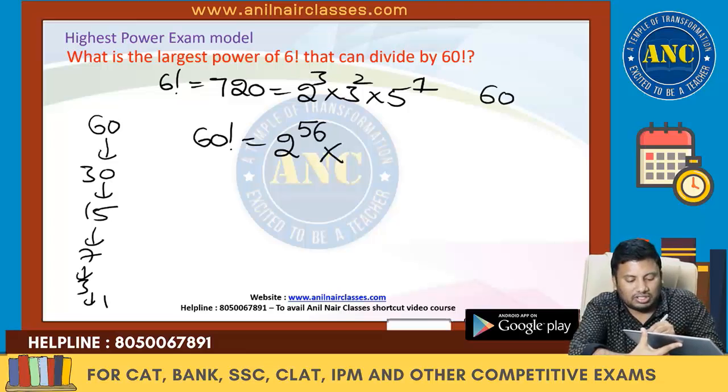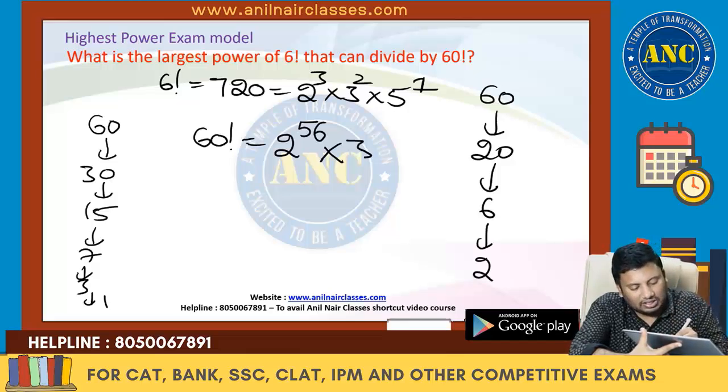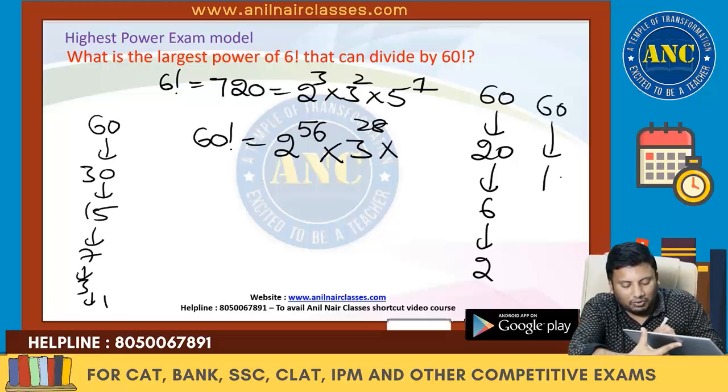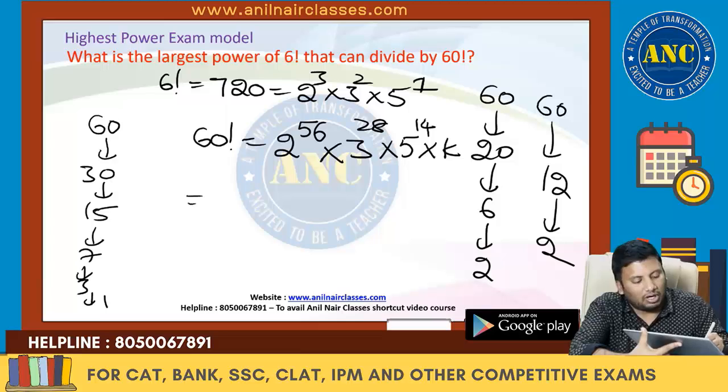For 3: 60 divided by 3 gives 20, 6, 2, which is 3 power 28. For 5: 12, 2, which is 5 power 14, into k. I want 2 cube, 3 square, 5 power 1.